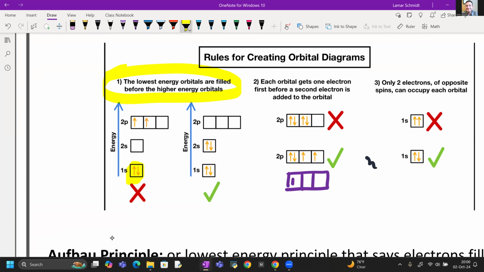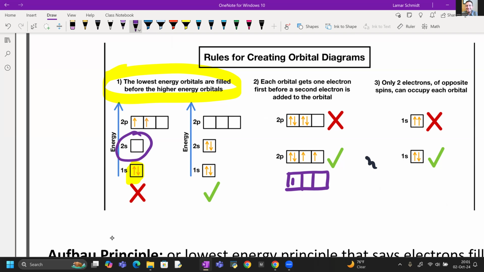That looks good. But then we see that the 2s was not filled, and the electrons were added to the 2p orbital before filling the 2s. That would make that incorrect. It would need to fill the lower 2s orbital prior to adding electrons to the 2p.